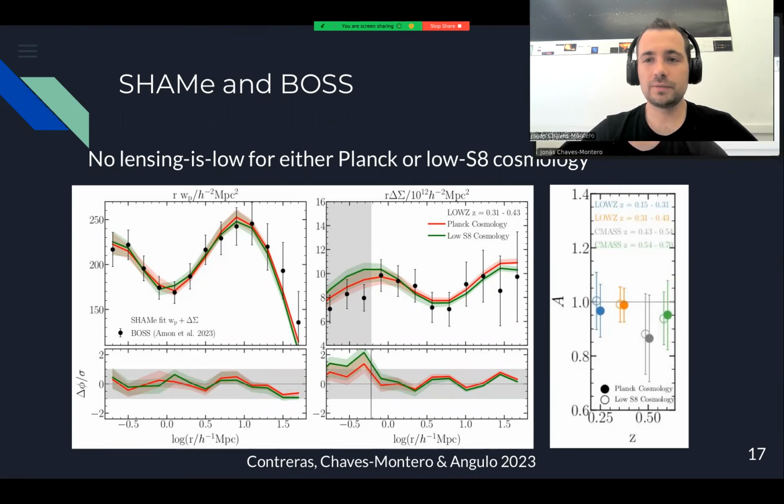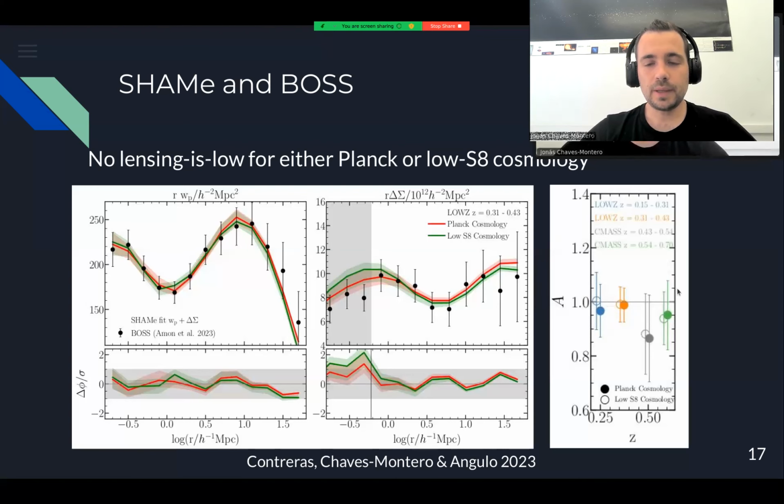And what we found is that for neither of these cosmologies is there a lensing slope problem. So we can fit both projected clustering and galaxy-galaxy lensing within error bars in both cases. We found this for all the different samples of the survey. You can see this here for all the different recipes.